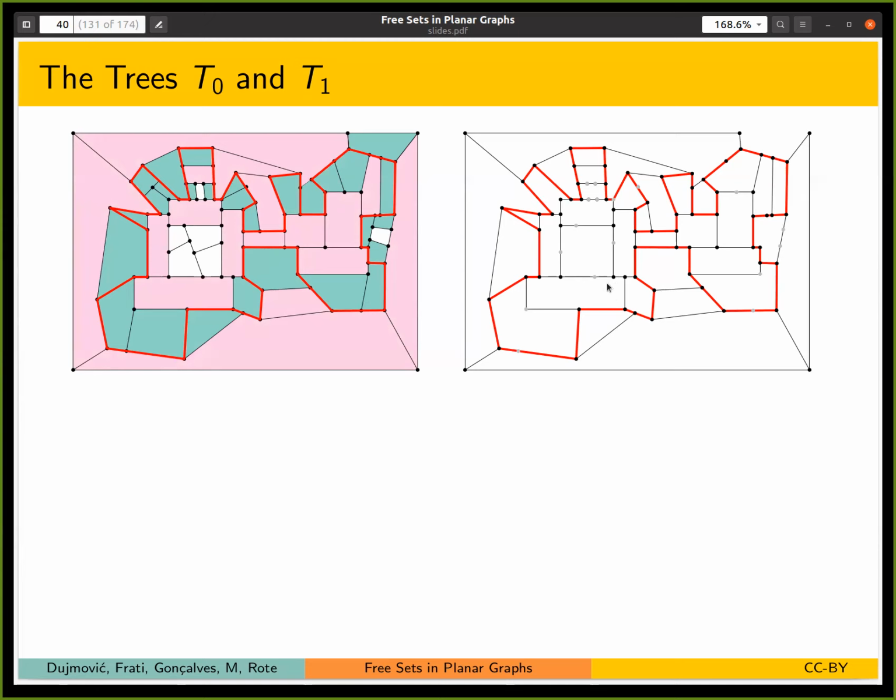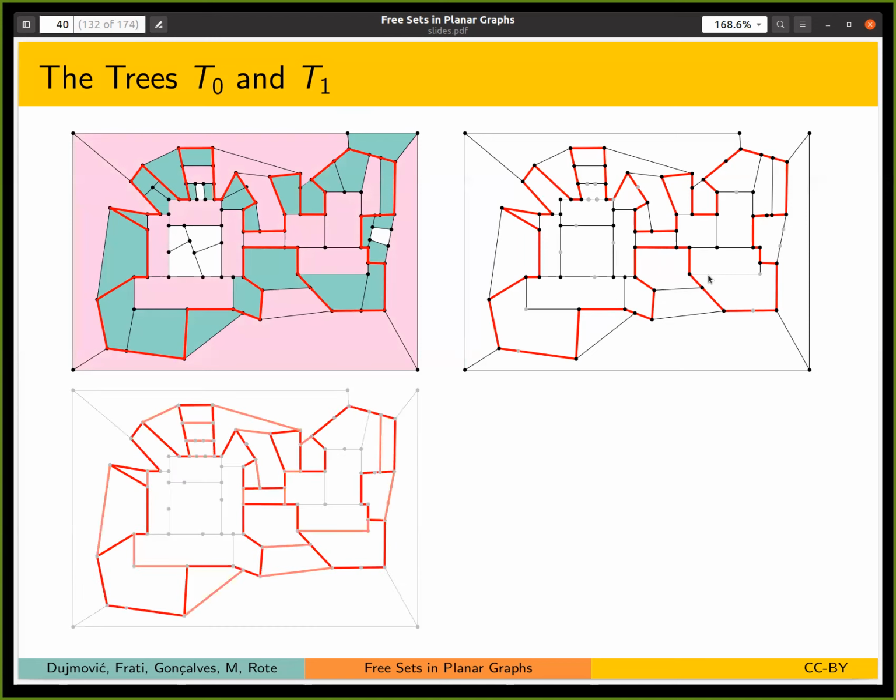In particular, we'll take faces of the original graph and just merge them into blobs or groups of faces, in such a way that you can imagine we're sort of erasing edges in the graph.